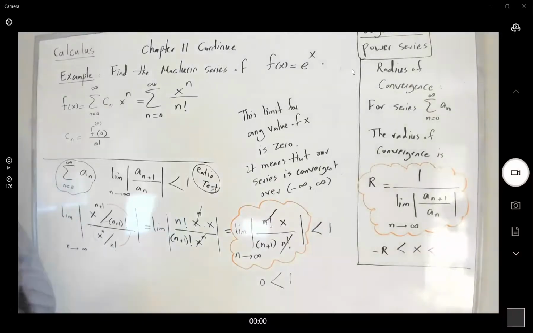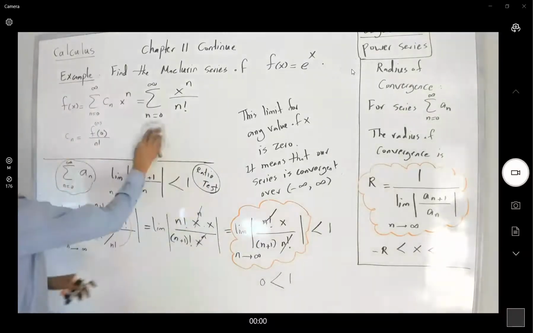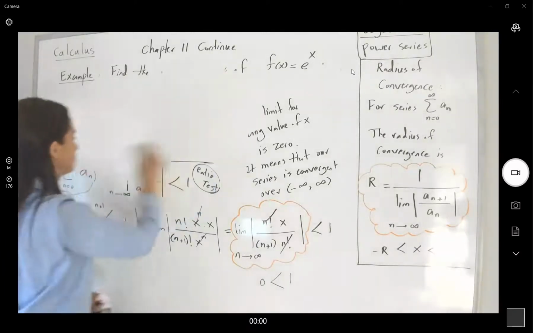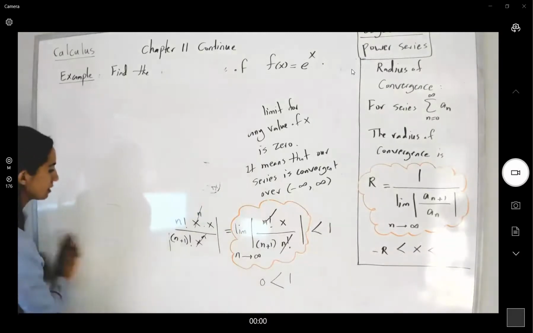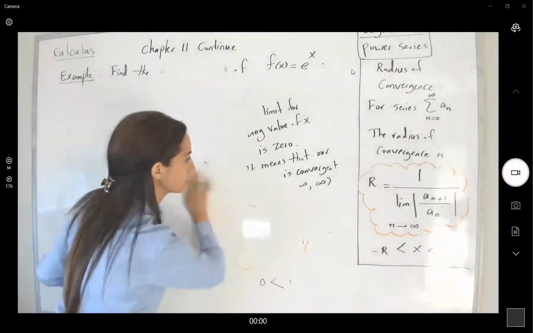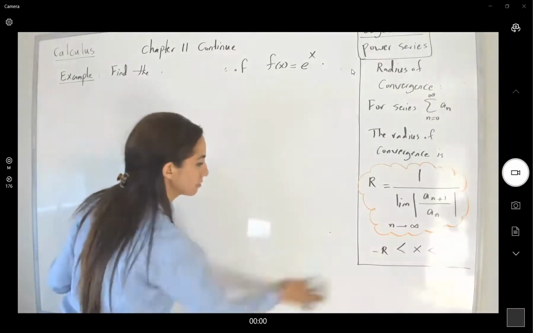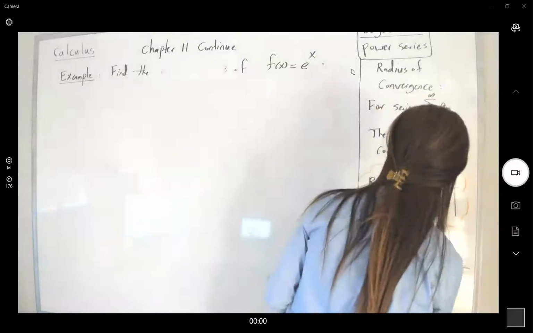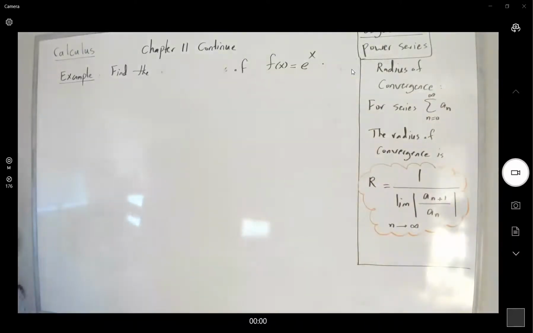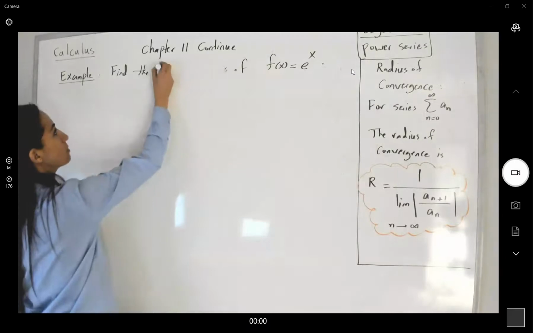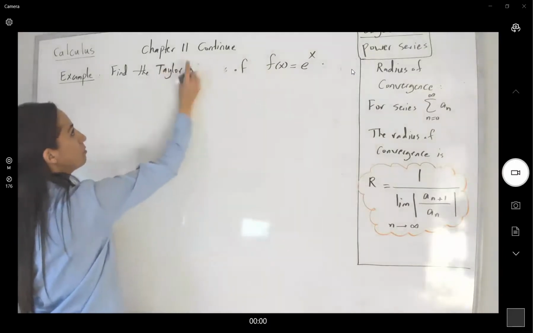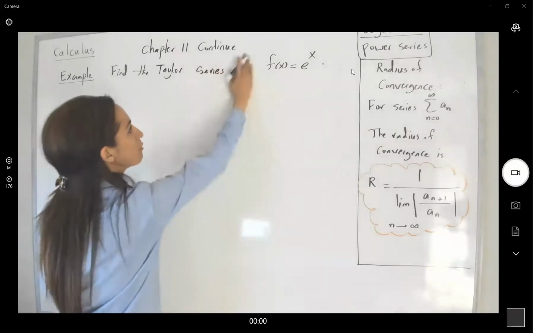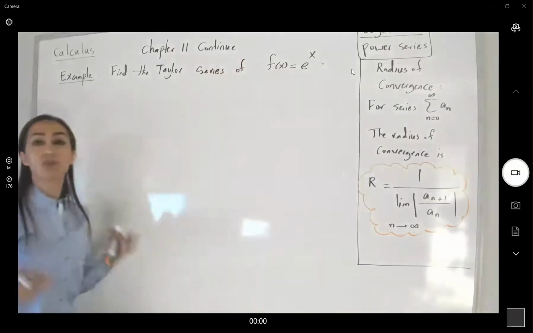Okay, so let's suppose we have this example. The example says, find the Taylor series of the function f of x equals e to the x.